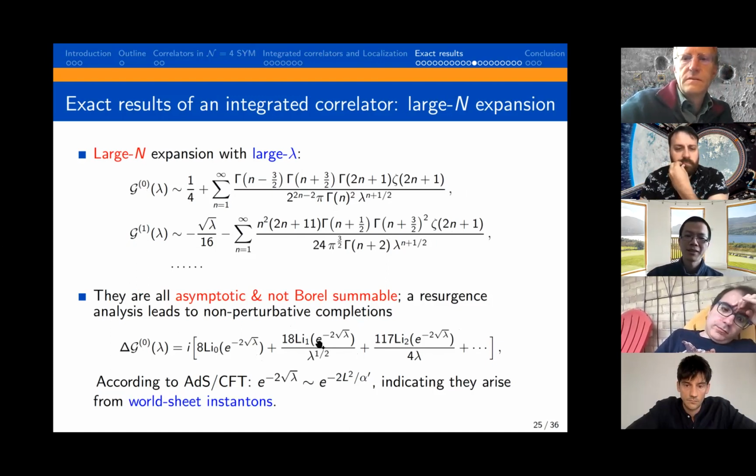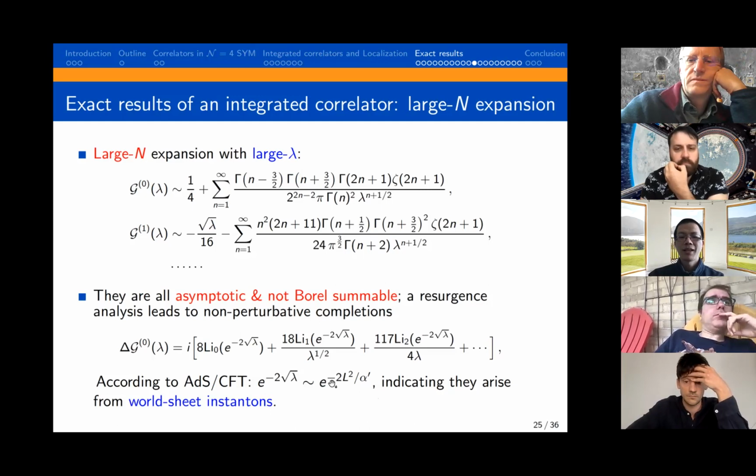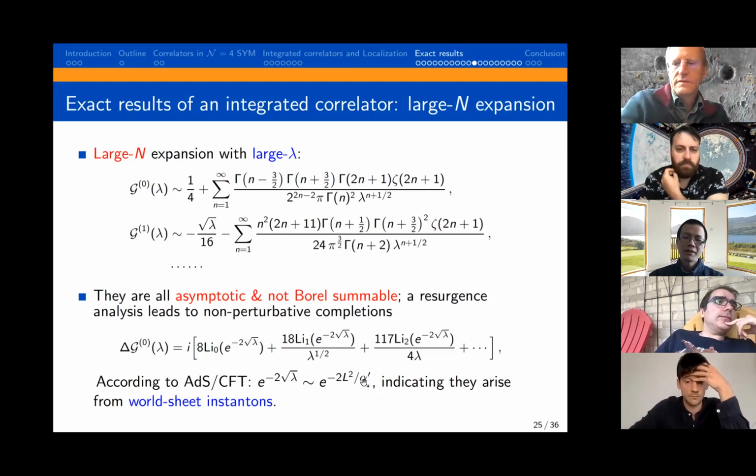Particularly, it goes like exponential of 2 square root of lambda. Similar behavior has been seen in other quantities of N=4 super Yang-Mills. If we translate it in string theory, this is square root of lambda, and this will be like 1 over alpha prime. I guess that's indicating these are worldsheet instantons.